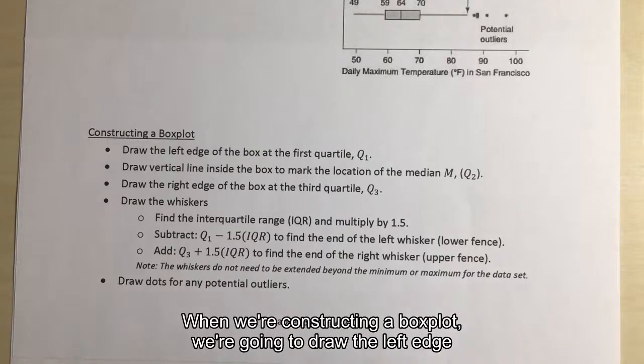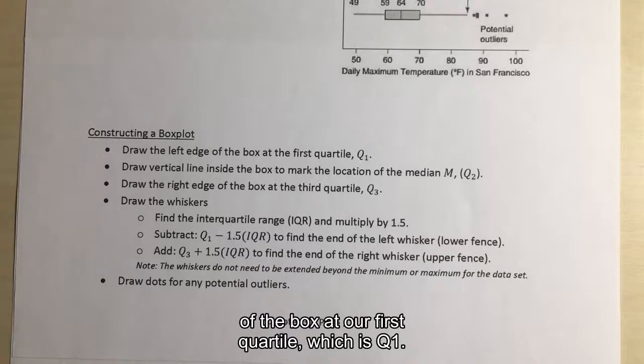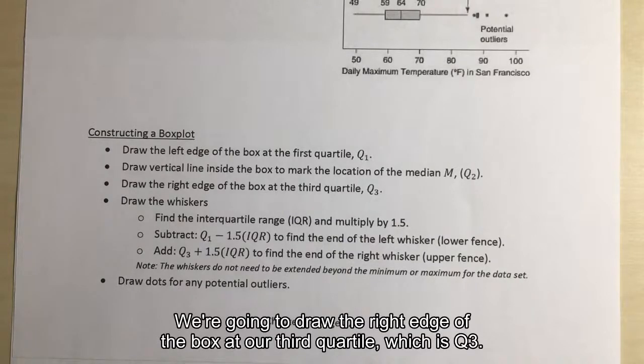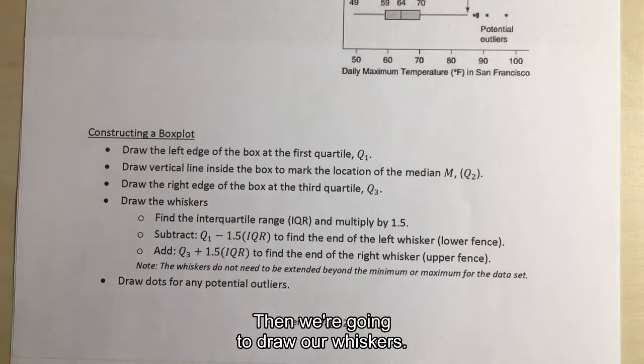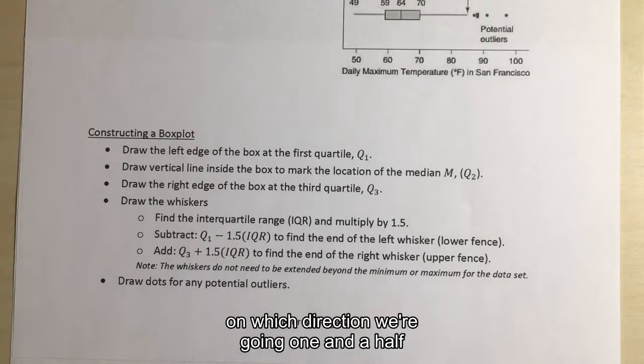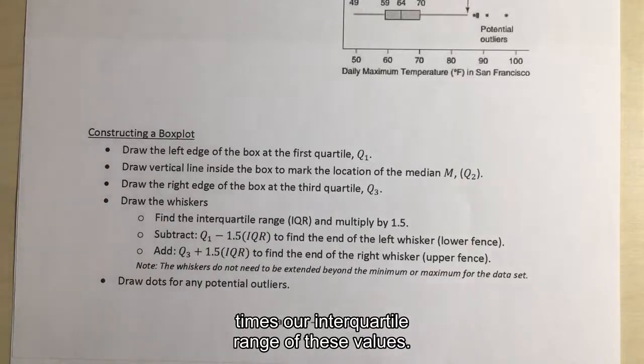So when we're constructing a box plot, we're going to draw the left edge of the box at our first quartile, which is Q1. We're going to draw a vertical line in the middle at our median. We're going to draw the right edge of the box at our third quartile, which is Q3. Then we're going to draw our whiskers. So we're going to take our quartiles and then add and subtract, based on which direction we're going, 1.5 times our interquartile range to these values.